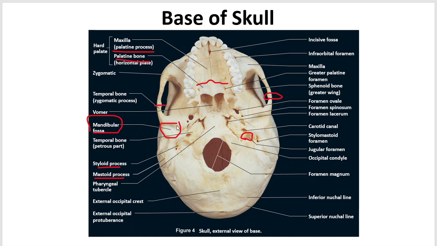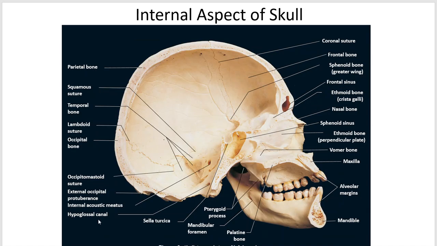Carotid canal. It's going to be above the jugular foramen, and it's going to be smaller and more round. Okay, about the only thing that's left is the internal acoustic meatus. Let me go back here, guys. There it is.